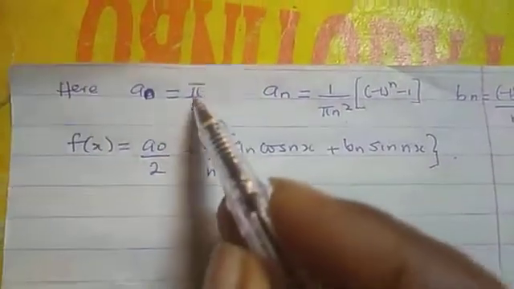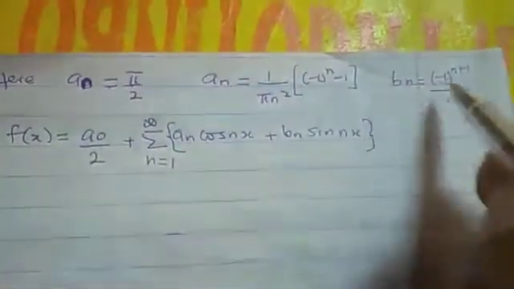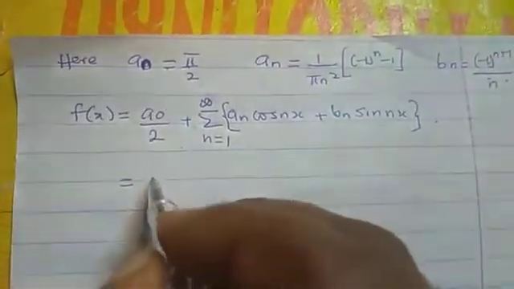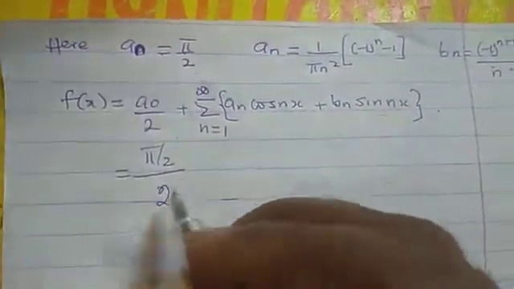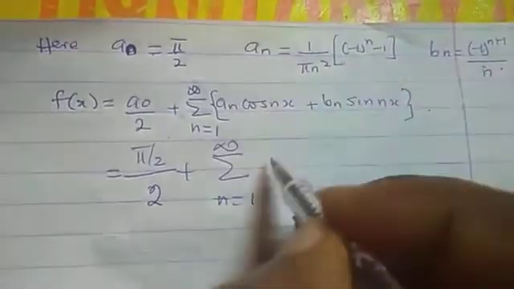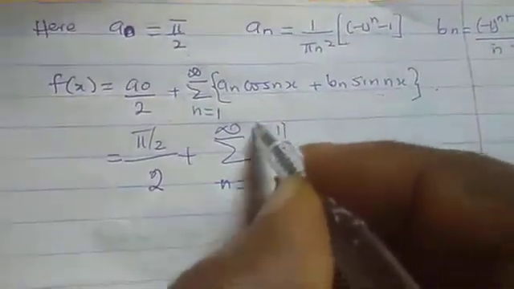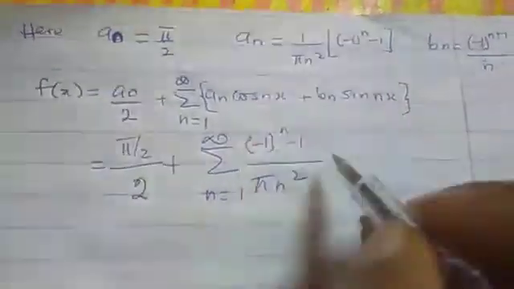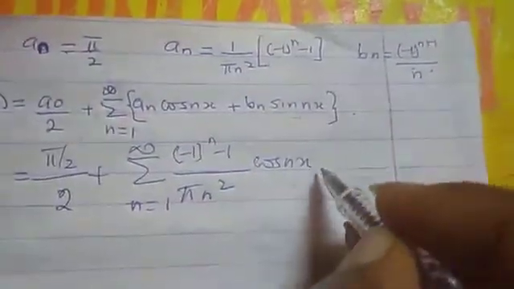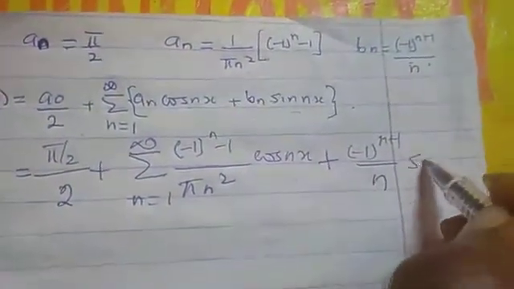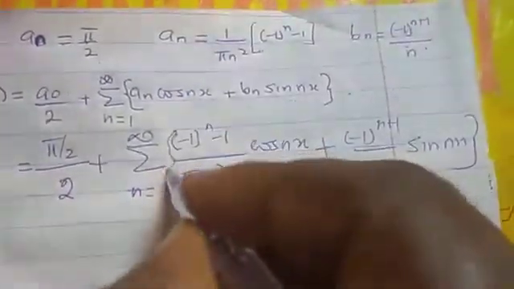So we only need to substitute these values into this Fourier series, so that our answer is equal to A naught, our A naught is pi over 2, then divided by 2, plus an, we substitute our an there, minus 1 raised to power n minus 1, divided by pi n squared, then cos nx, plus bn, minus 1 raised to power n plus 1 over n, then sin nx. So this is our answer.